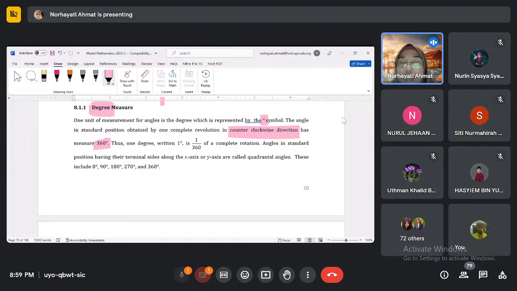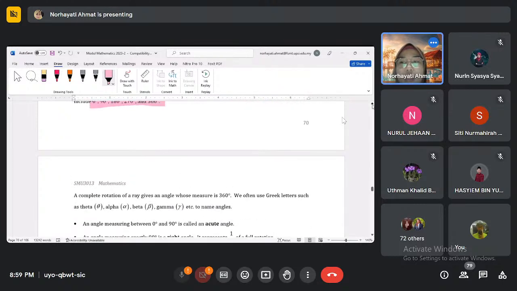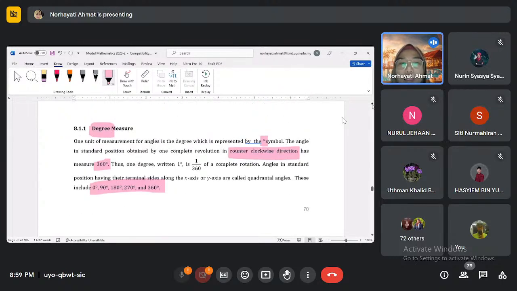Okay, beside the standard that parallel or on the x-axis, we also have other standard angles which are 0, 90, 180 degree, 270 and 360 degree. Okay, so yang ini we can represent these angles in a graph.